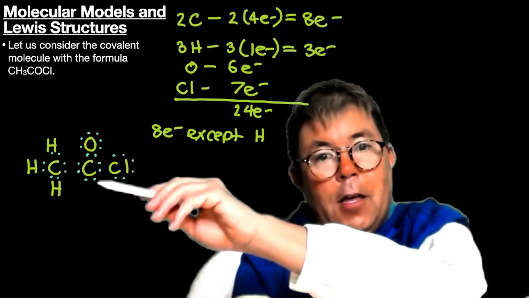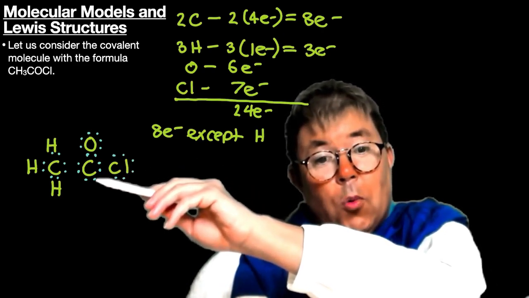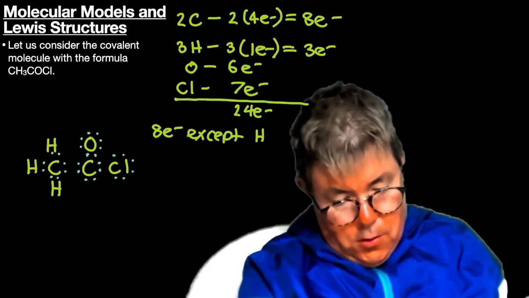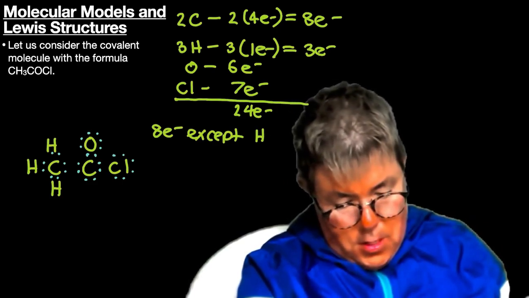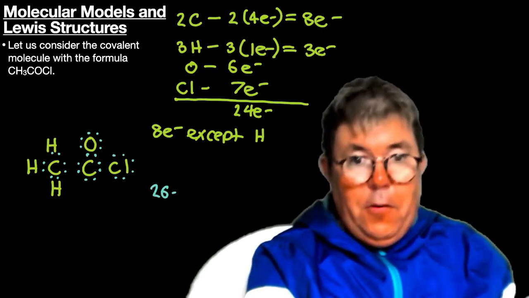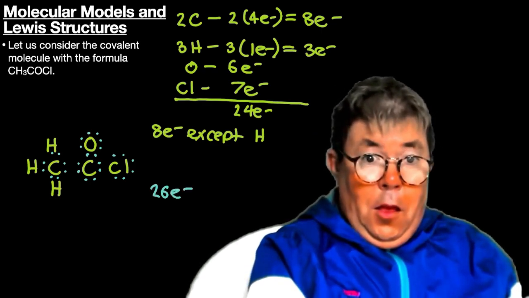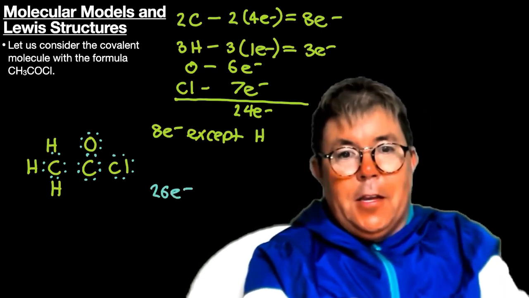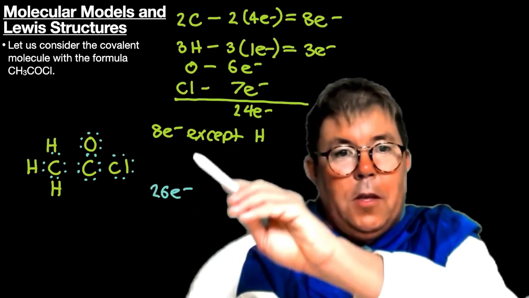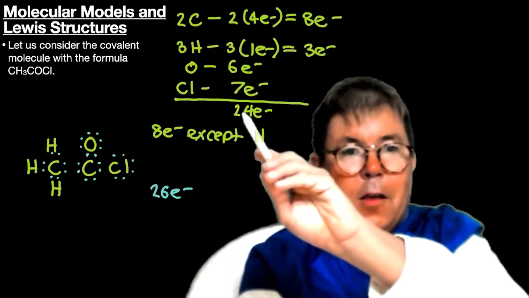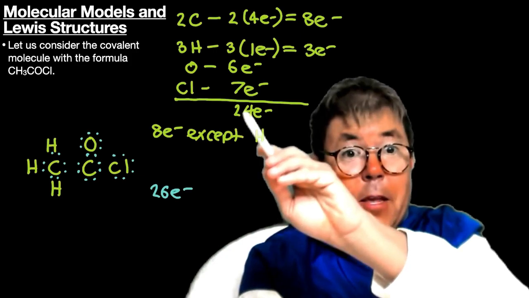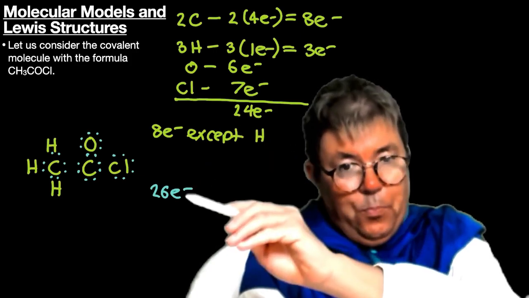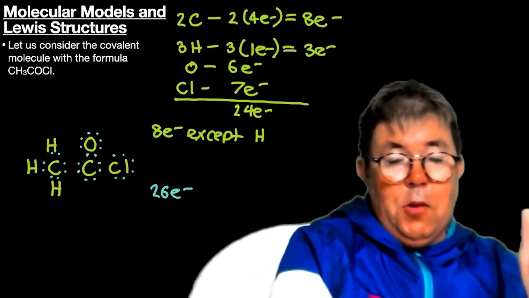And there is the lone pair. So 24 plus 2 is going to give us 26 e-. So does the 26 e- equal the 24 e- that we came up with earlier? No. These two are not equal.